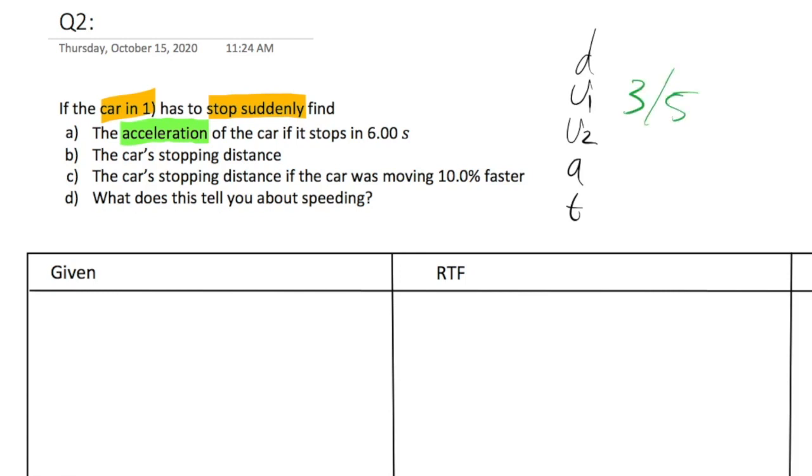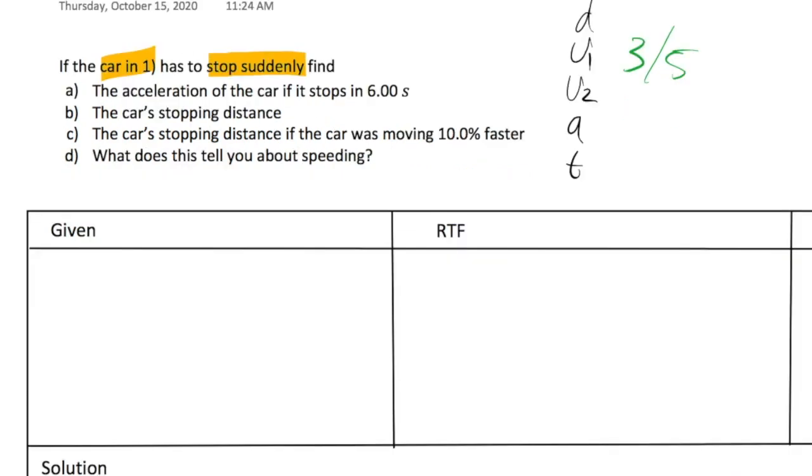All right, so first of all, we're going to borrow that information. So we know we're talking about the car in question 1, and that car was traveling at 30 meters per second. And then the car suddenly comes to a stop. So for part A, our V1 is equal to 30.0 meters per second, and our V2 is 0 meters per second. The other information, we know that it stops in 6 seconds.